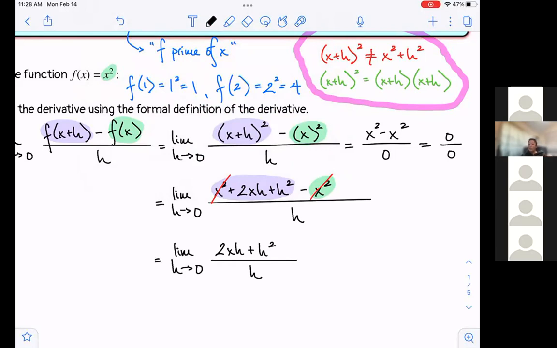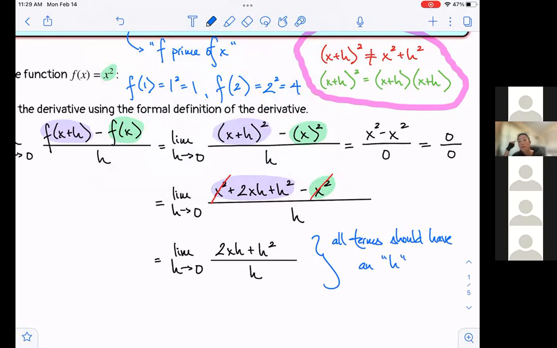Now, as we do these questions, a very common question that students have is like, how do I know if I'm on the right track? Maybe I didn't have a good algebra experience. So how am I supposed to know if I'm headed in the right direction? A very good clue is at some point, all terms should have an h, okay?